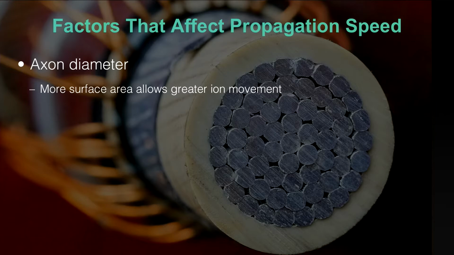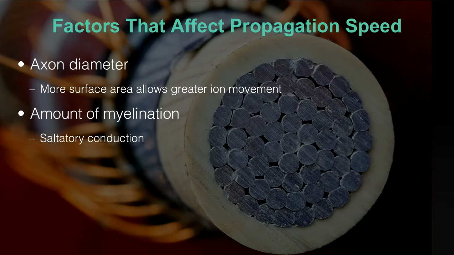If we can move ions quickly, that means we can transmit the signal more quickly as well. So the larger diameter axons will result in a faster conduction speed. It seems a little counterintuitive. You might be thinking, well, there's more membrane to depolarize. That's not the case. More opportunity to move ions allows faster communication speed.